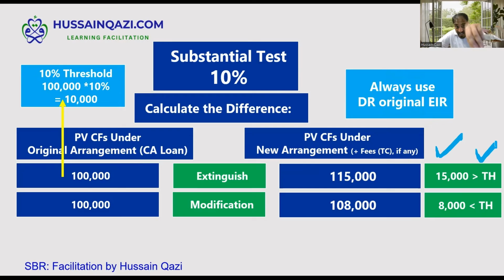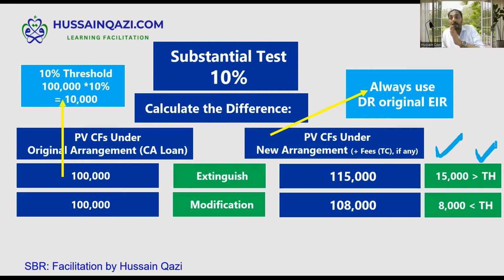only to assess the substantial test of 10%, not for accounting, always use the discount rate of the original EIR. What does that mean? Recall my example. At the end of the second year, the modification happened.